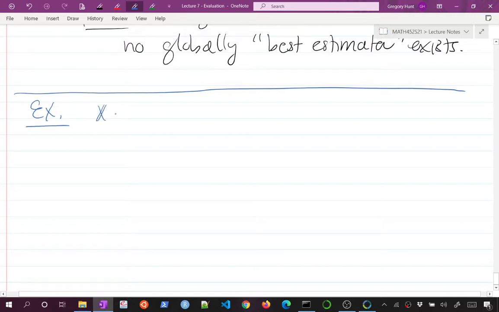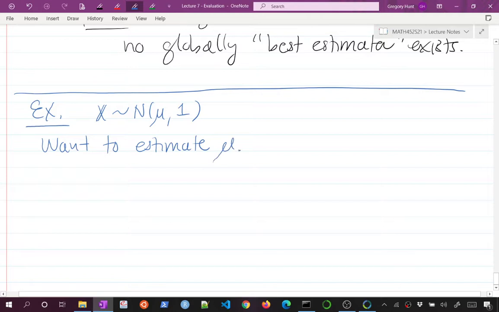So let's assume that I have a data point that's normal. It comes from a normal distribution with some mean mu and some variance 1. So we know the variance, we don't know the mean, and we want to estimate the mean mu.